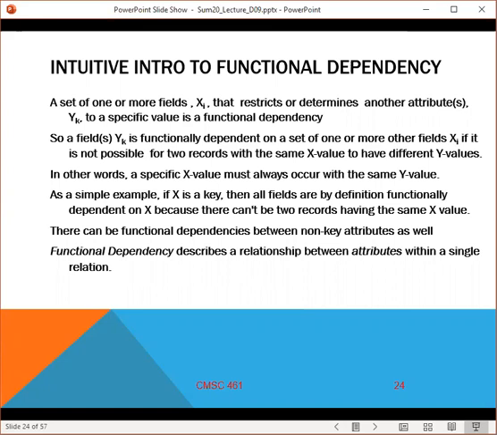Another social security number might determine another department, McKeldin Library at University of Maryland College Park. So we're looking at facts that can be uniquely identified and determine the value of other attributes as functional dependencies.